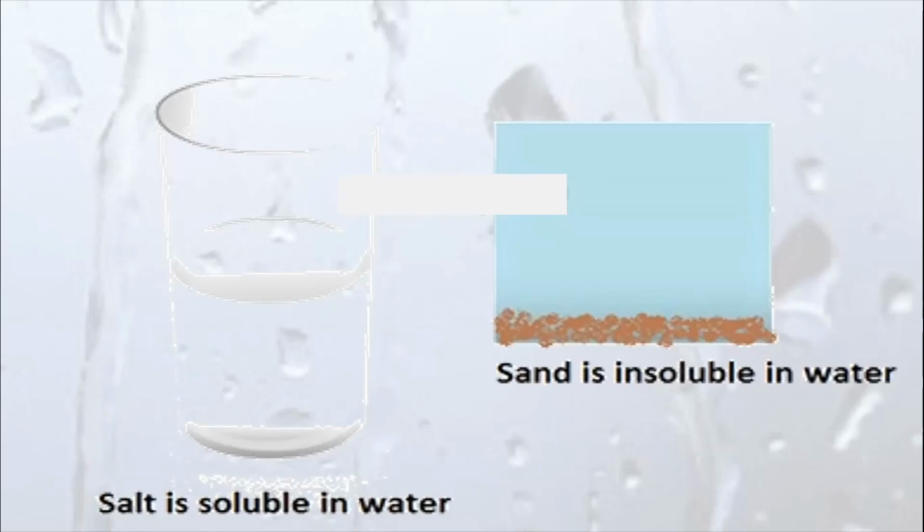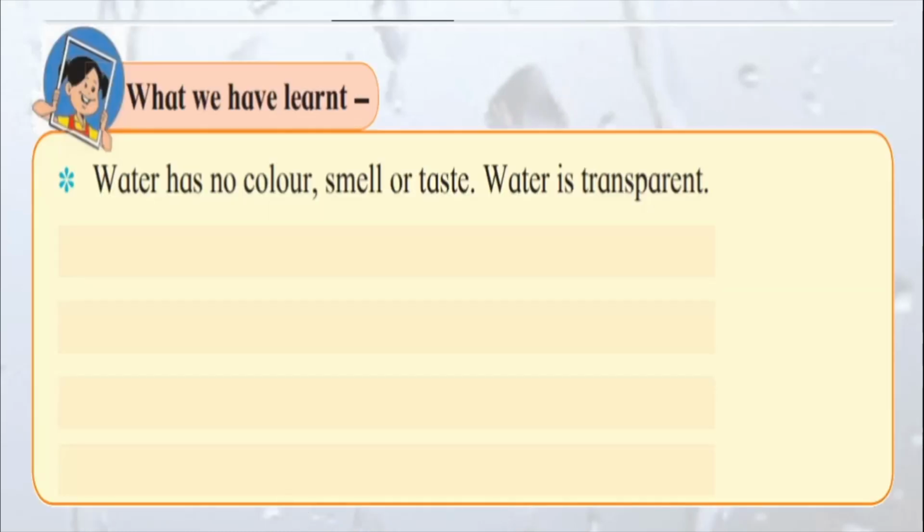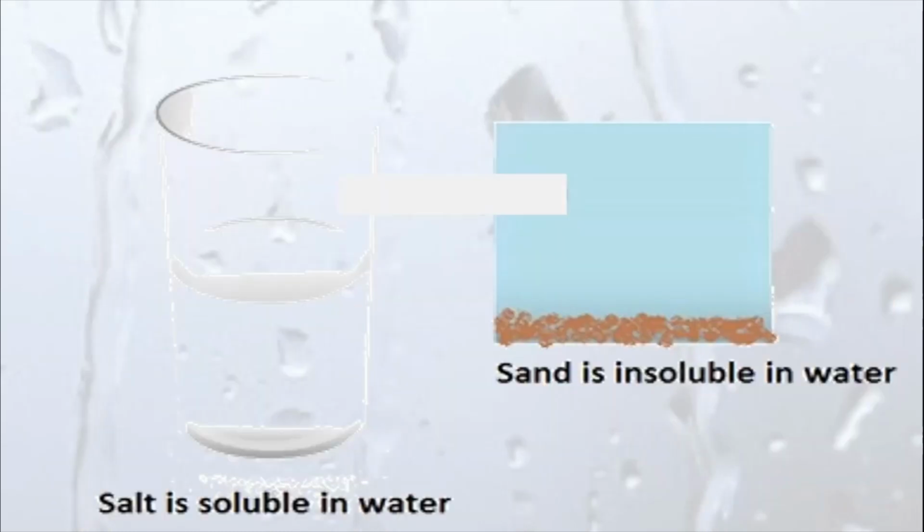So see, salt can dissolve and sand cannot dissolve. So salt, when you add it to water, becomes invisible. It vanishes. It goes away into the water. Whereas sand, when you add it to a glass of water, stays as it is.